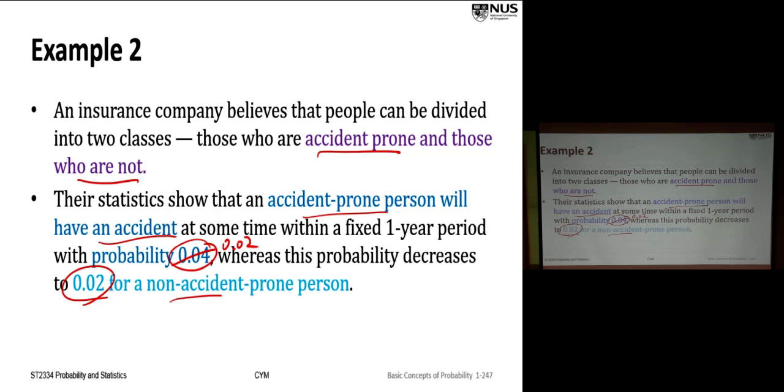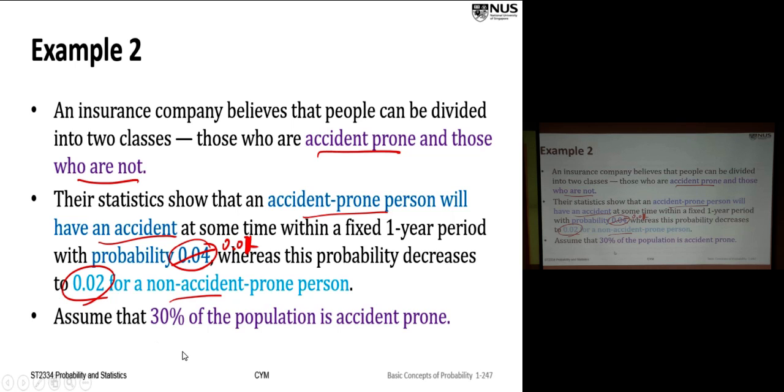Why would we bother to separate the two groups? They have the same probability. So these two groups have different probabilities. Of course, you don't expect this one to be smaller than 0.02, otherwise you wouldn't call it accident-prone. Accident-prone means that the chance of getting an accident for this group should be higher. So in this example, we use the figure 0.04.